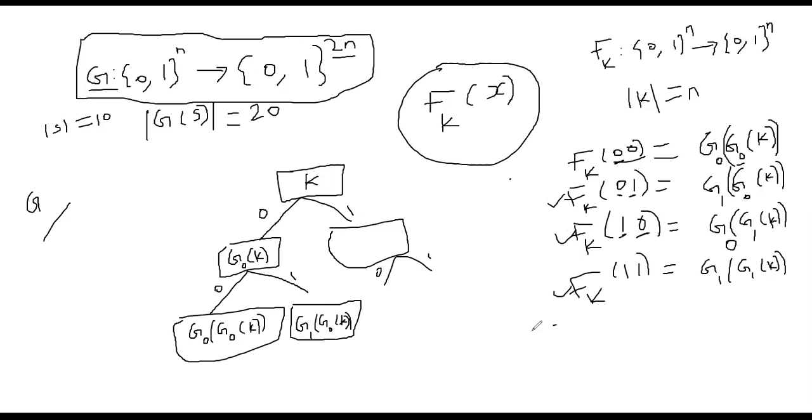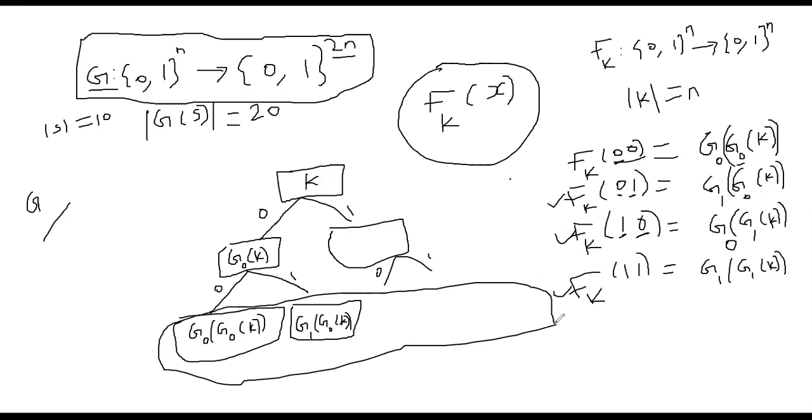So the leaf nodes, how many leaf nodes will be there? If the input is n bit and the output is n bit, we'll have 2 power n leaf nodes, right? And each leaf node is basically evaluation of your function fk at a particular input x. Okay. So as I said earlier, this is fk of 0, 0, right?